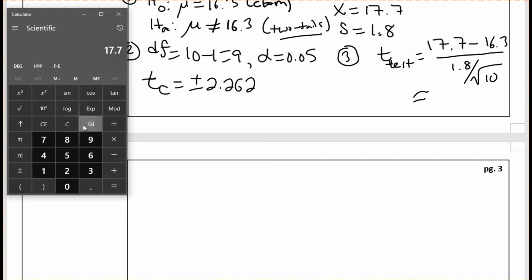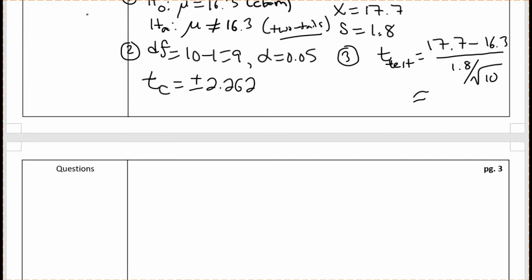So we've got 17.7 minus 16.3 over 10, and then we want the square root. All right, so then we go ahead and we calculate it.